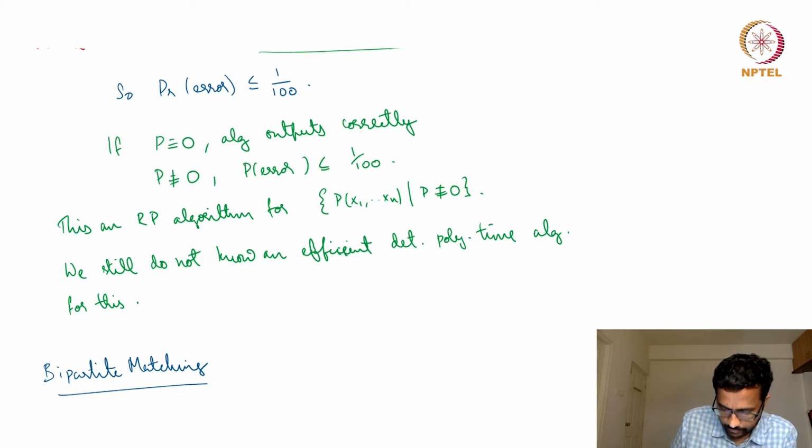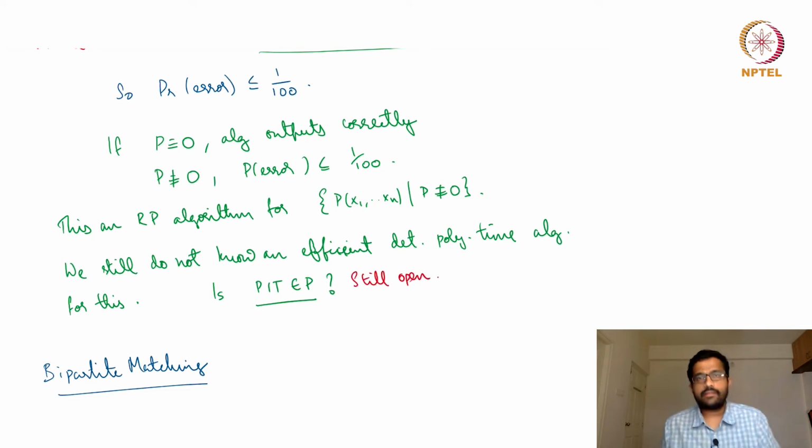In other words, is PIT in P? This is still open. So this is one question where randomized algorithm seems to help, right? We know of an efficient randomized algorithm, but we still don't know whether there is a deterministic polynomial time algorithm. Okay, so this is one of those problems where this is the case.